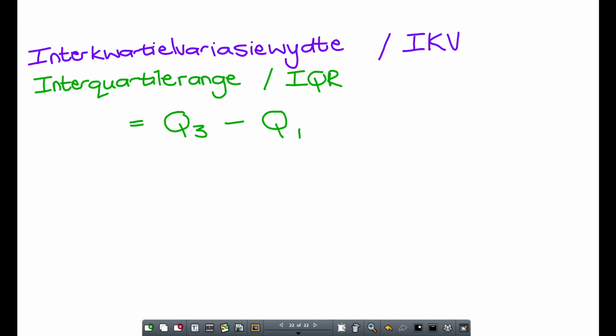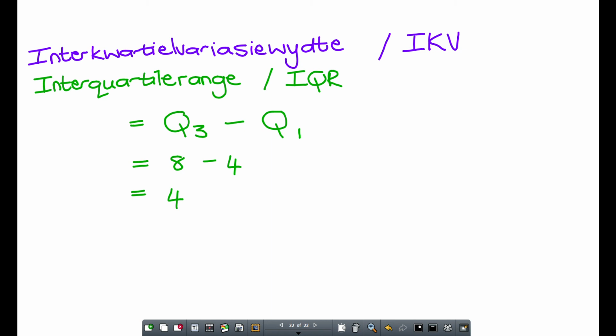Okay, so remember, just range would be maximum minus minimum. But as soon as I talk about interquartile, dan vat ons Q3 minus Q1. Okay, what was our Q3 just now? It was 8. Okay, and what was Q1 just now? 4. So our interquartile range would be 4.